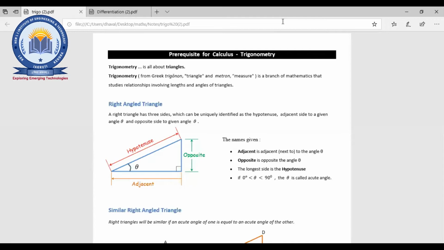Then we have seen the basic formulas such as sin square theta plus cos square theta is equal to 1, sec square theta minus tan square theta is equal to 1, cosec square theta minus cot square theta is equal to 1.